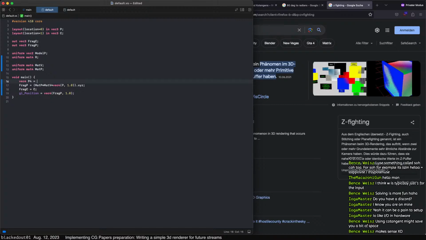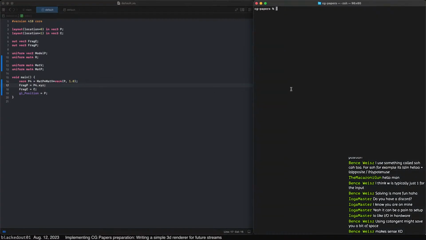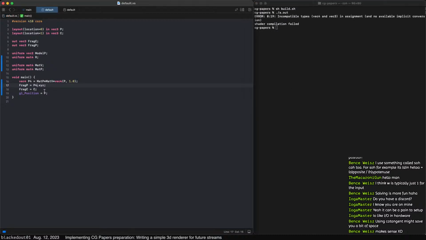Let's call this P4. I want to store this here because we need to input this into GL position. Because in the end, OpenGL does the perspective division, and this is why we need to put this here. And then we can just use this as well. And now we need to pray that I didn't make a mistake.